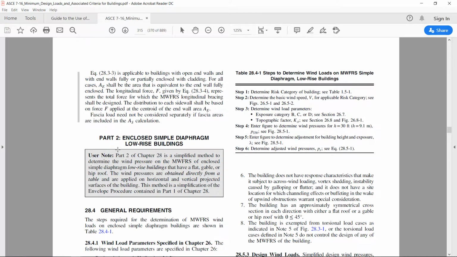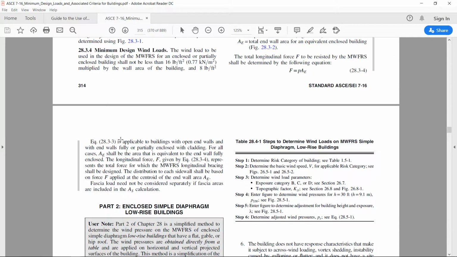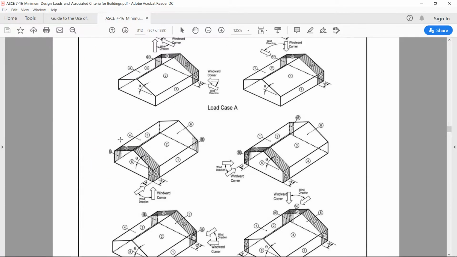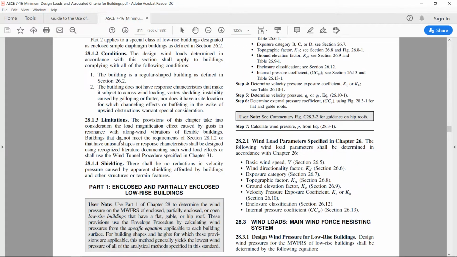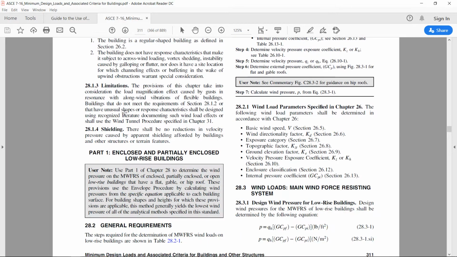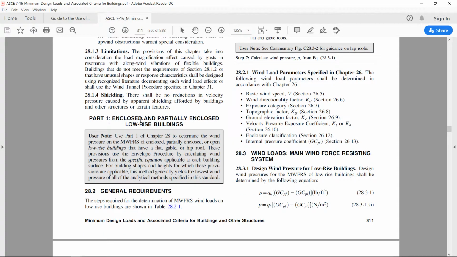Now in chapter 28 there are two parts. Let me show you part 1 and part 2 both. Chapter 28 says wind loads on buildings, that is main wind force resisting system, and this is the envelope procedure. Part 1 says enclosed and partially enclosed low-rise building.